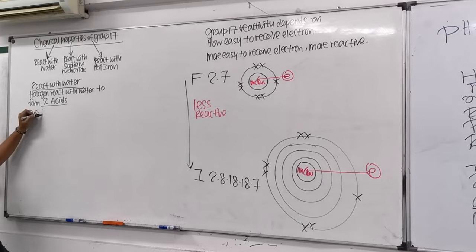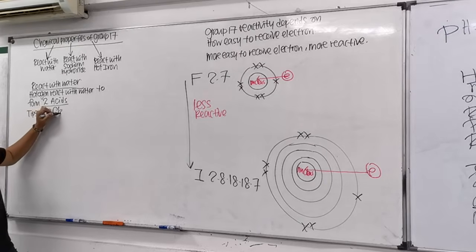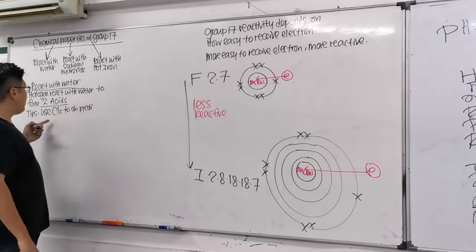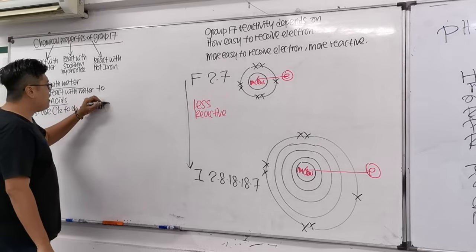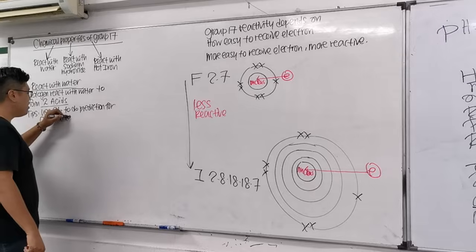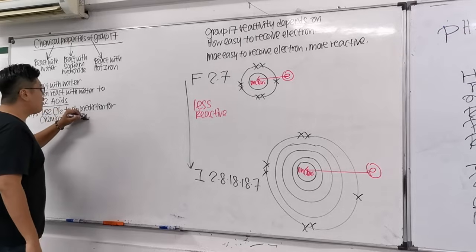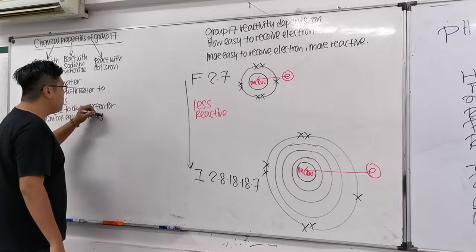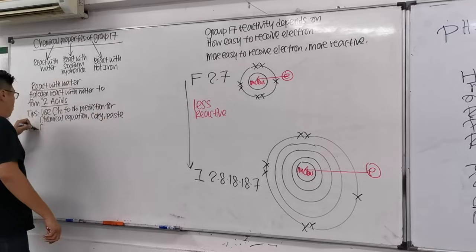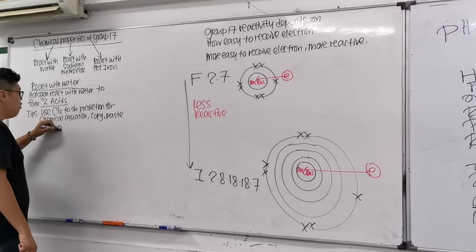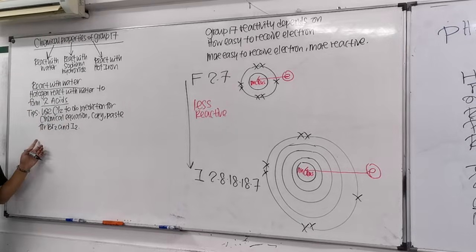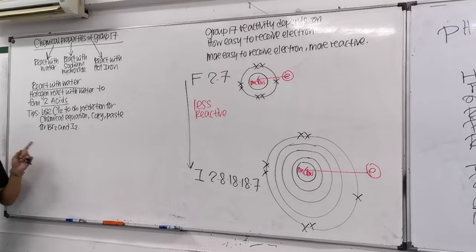So my tip is that I prefer you all use chlorine to do the prediction for the chemical equation. Once the chemical equation is predicted, then you can copy paste for bromine and also iodine. We did that for group 1 as well. Group 1 we used sodium.